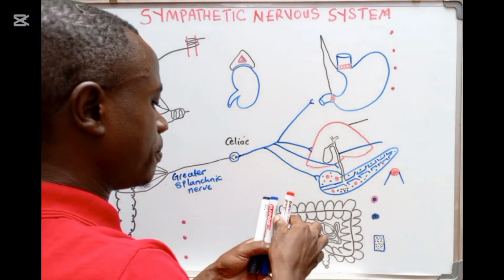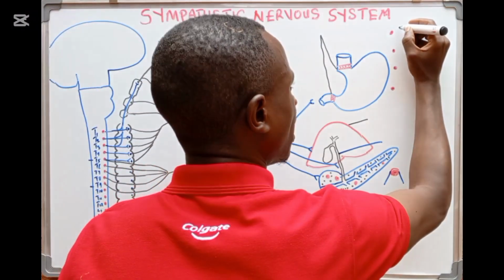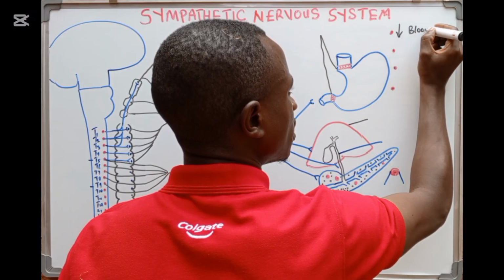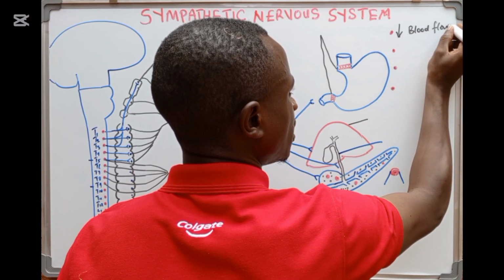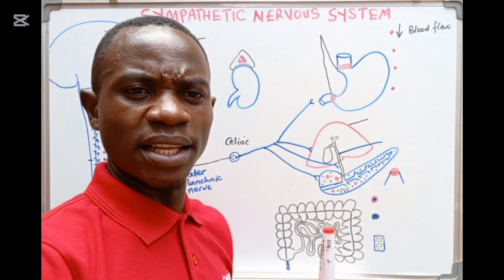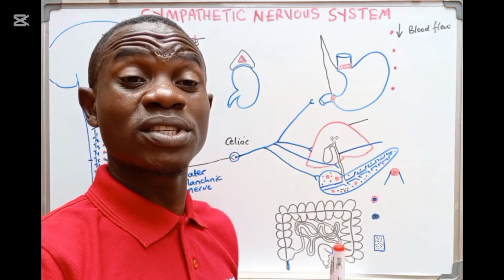So you have a decrease in blood flow to the GIT. Blood flow to the GIT slows down, and the peristaltic movement within the GIT is slowed down.